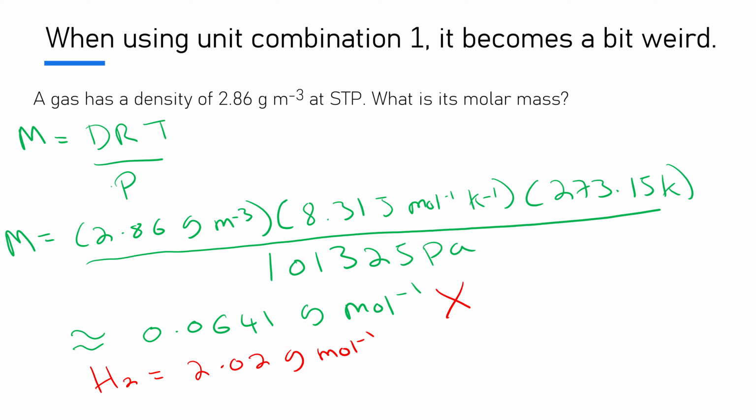Therefore, if we have a gas in a system and it is not hydrogen, it must have a molar mass above 2.02 grams per mole. Therefore, our calculated value of 0.0641 grams per mole with this version of the calculation in which we use pascals for our units of pressure is not correct.